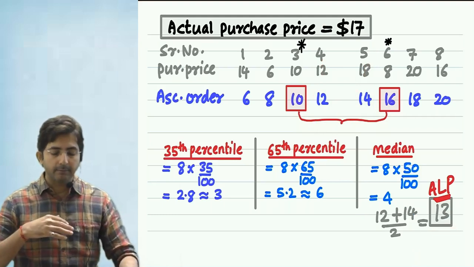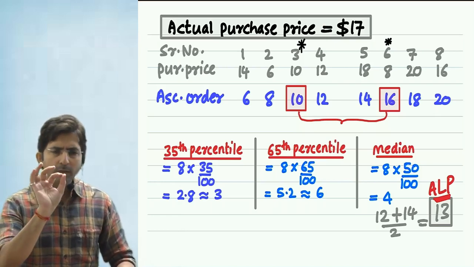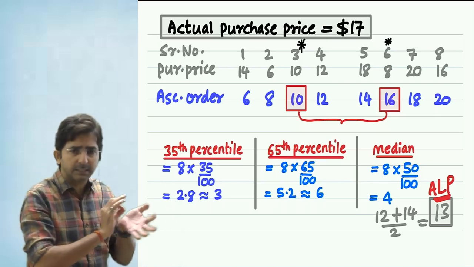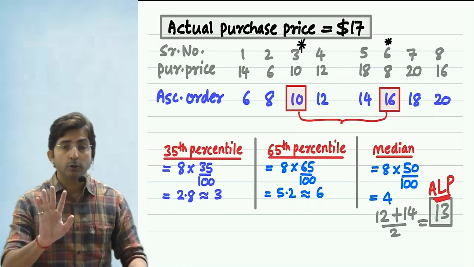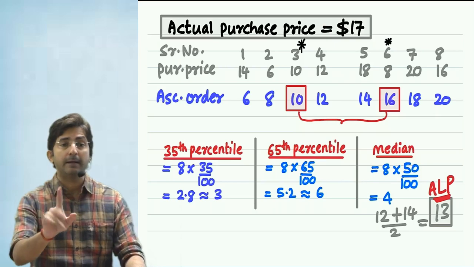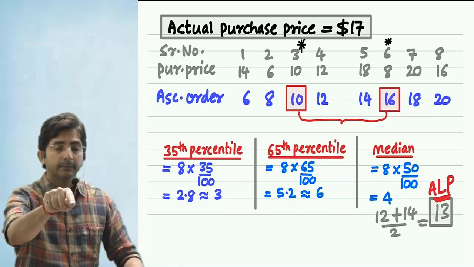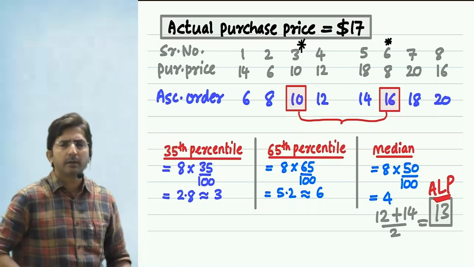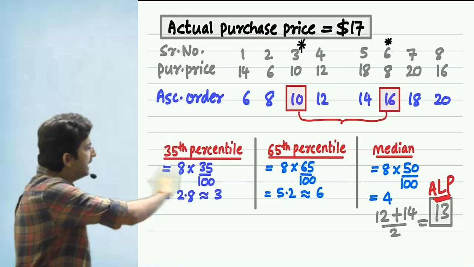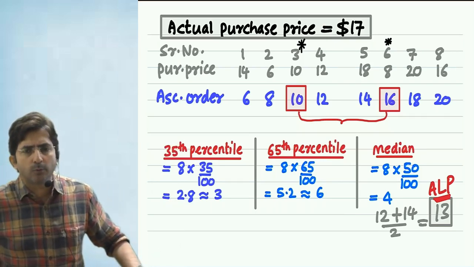I understand this is completely mechanical, but see, only once you understand the system of solving, then only I can explain the logic. And logic also I will not directly explain. I will ask you to try first. You apply your brain. Then finally I will explain the logic of each and every step done over here. Trust me, I have the reason for each and every step. But first tell me mechanically what to do.